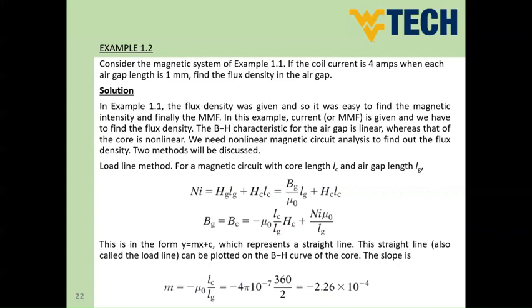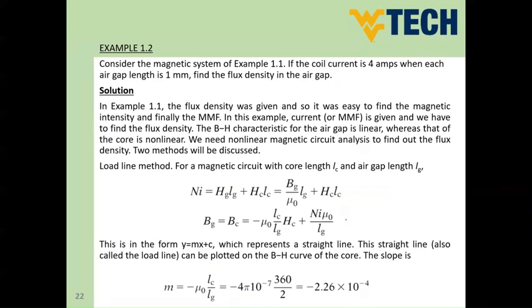We don't know the value of B. So how can you get the value of B? Two or many unknowns exist in our equation. So we have to draw a straight line equation and use the graphical solution.